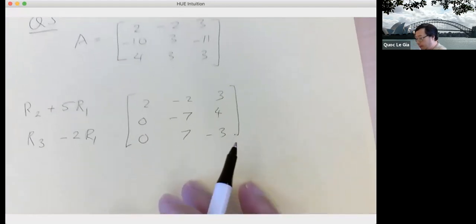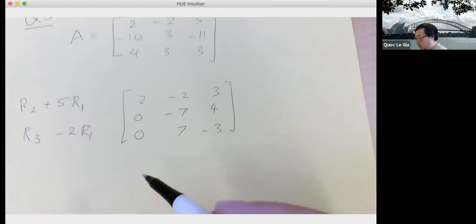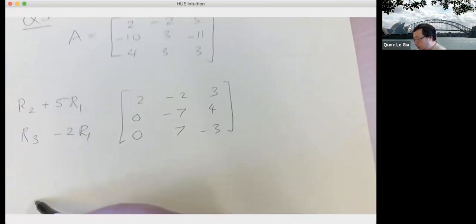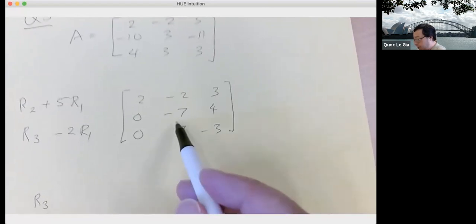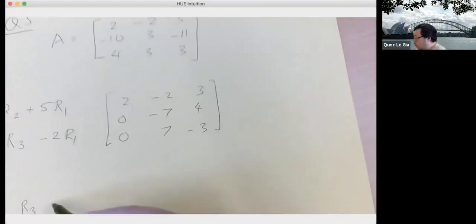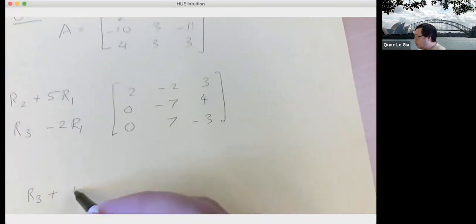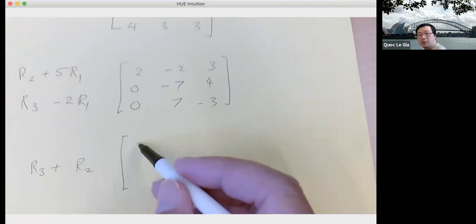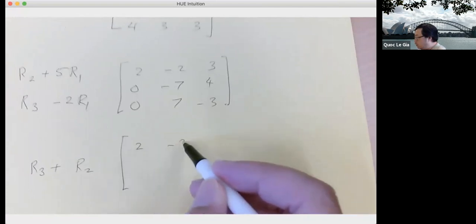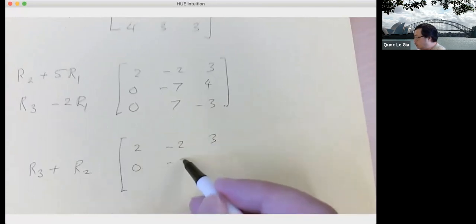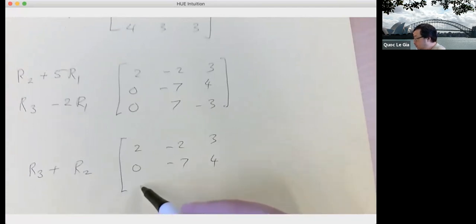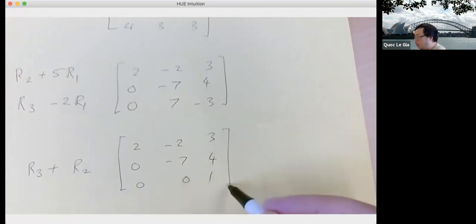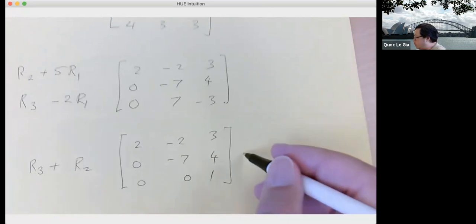Now you do another operation: row 3 plus row 2. Then you get 2, minus 2, 3, 0, minus 7, 4, 0, 0, 1. Then you stop. So this is your upper triangular matrix.